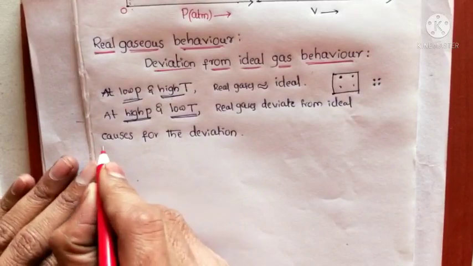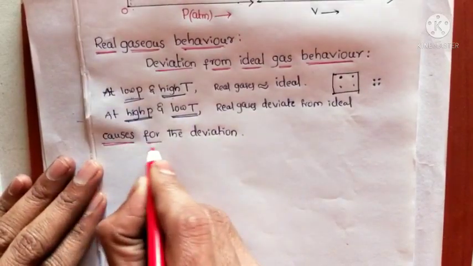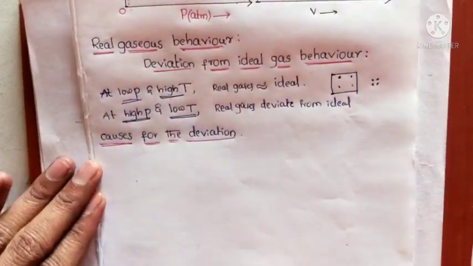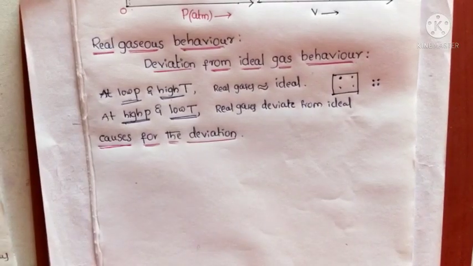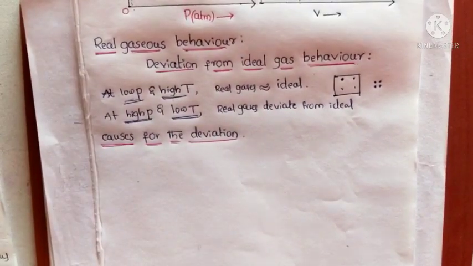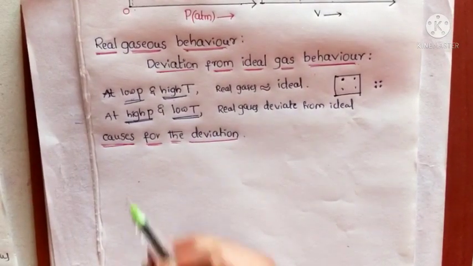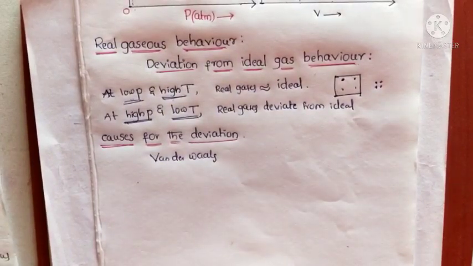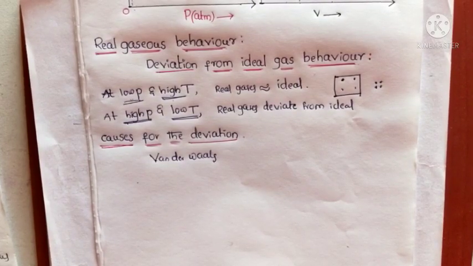Now, the causes for the deviation. What is the cause? Van der Waals assumed that the deviation of real gases from ideal gas behavior is due to two wrong assumptions in kinetic molecular theory.